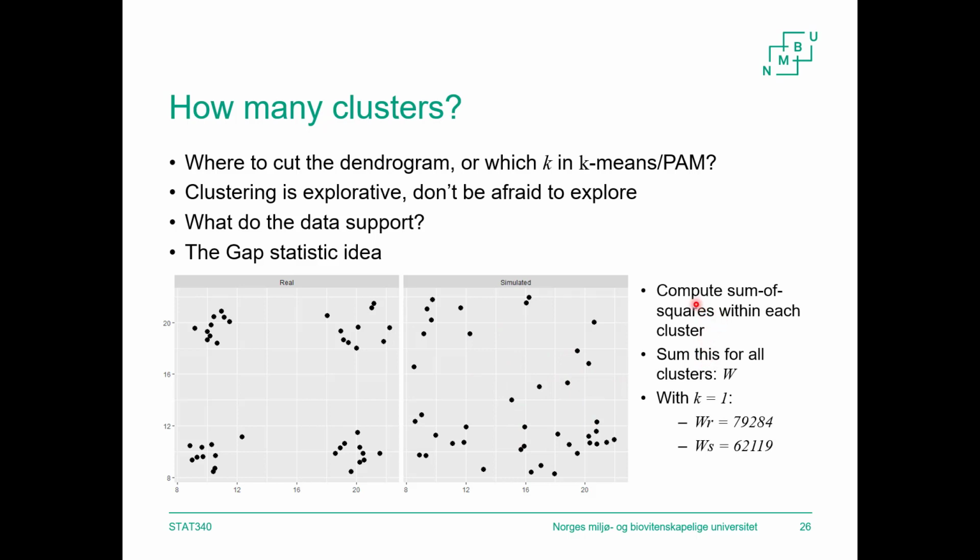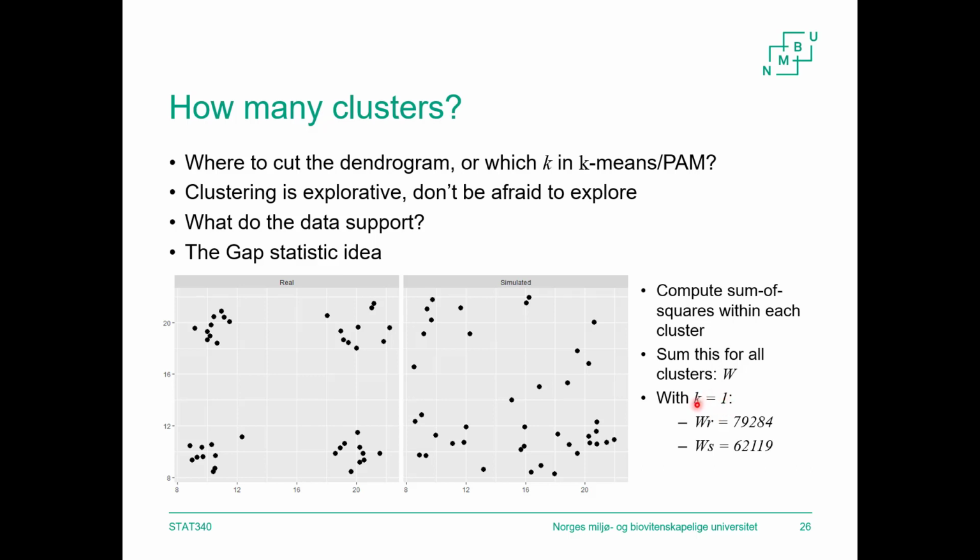What we do then is to compute the sum of squares within each cluster. So here we now have actually just one cluster. We haven't clustered anything, so everything is one big cluster. And we compute this sum of squares again, like the k-means did.